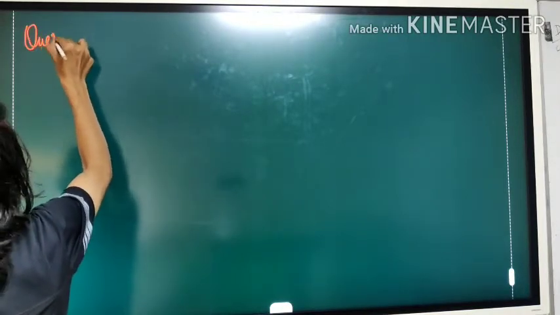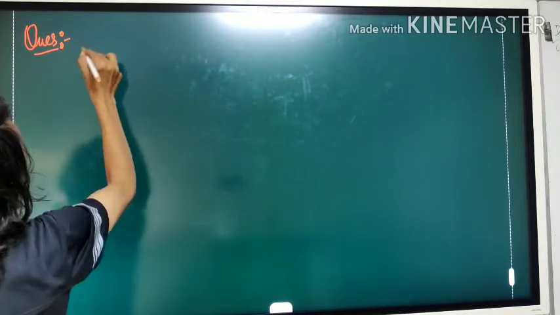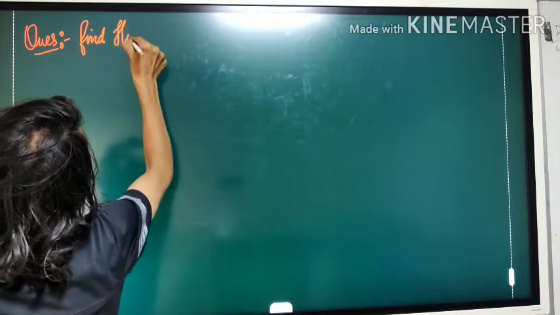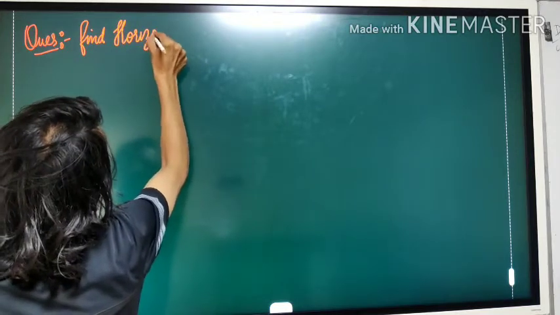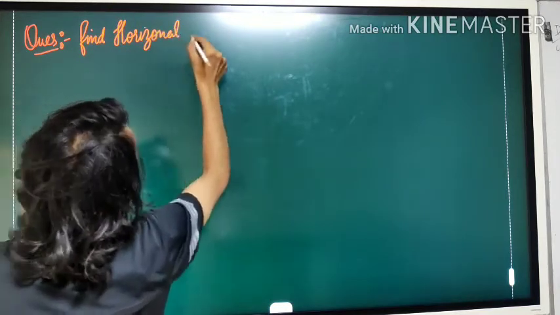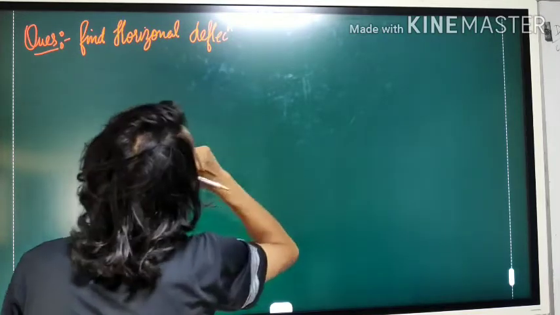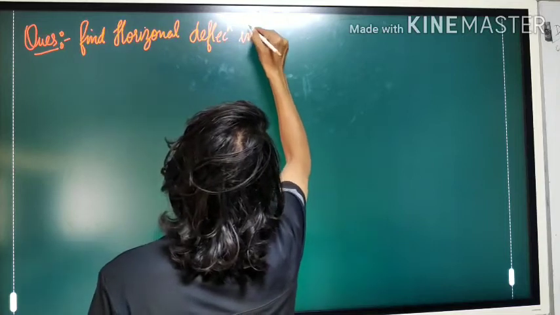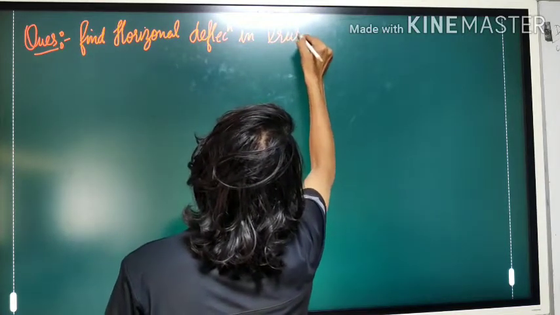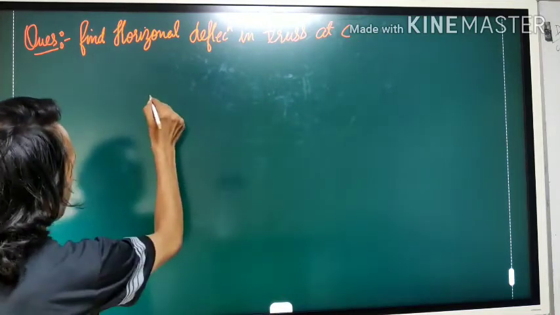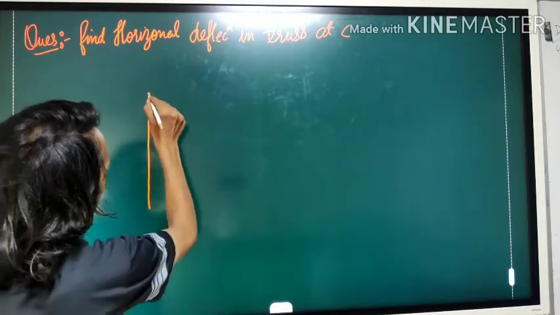Let me draw the diagram again. The question was: find the horizontal deflection in the truss at C. So our truss was like this.